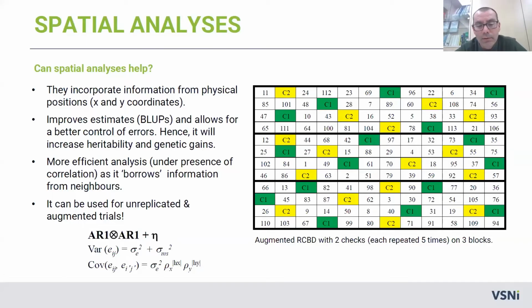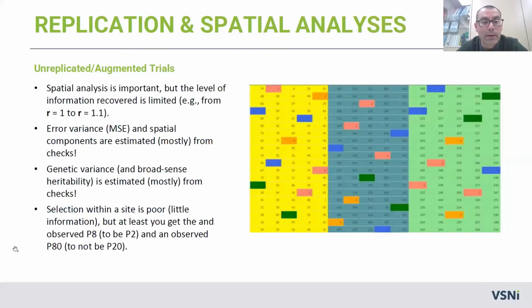So there's many ways to do that, and I'm not going to explain how it is analyzed. That's for a different talk, but again, it's quite commonly used. So I just wanted to come back for that because we can generate analysis that consider some form of spatial components. The typical spatial analysis is based on autoregressive errors. There's other ways, but I'm just going to focus on autoregressive errors with or without nugget.